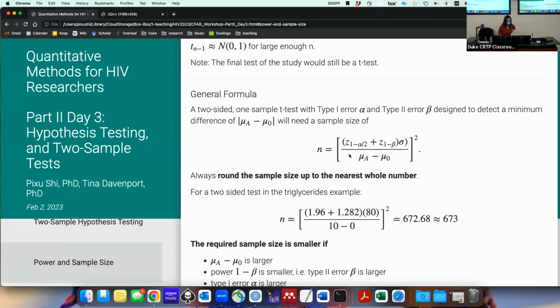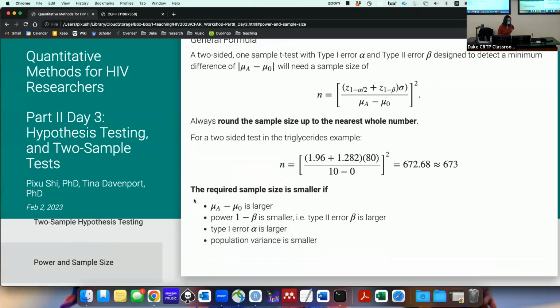When the effect size is larger, you need a smaller sample size. When you have a larger population variance, a heterogeneous sample, you need a larger sample size. And by decreasing type 1 and type 2 error, you will also need to increase the sample size. Those are the factors contributing to your sample size calculation.